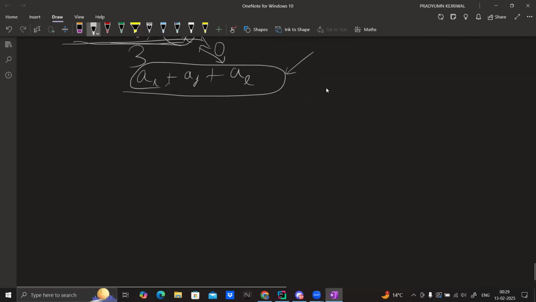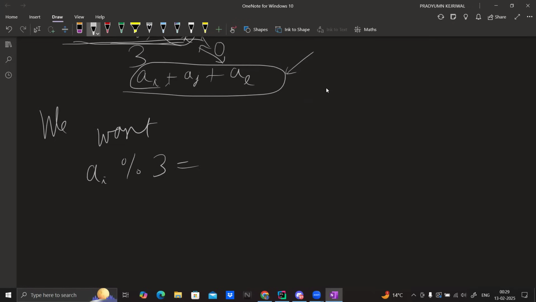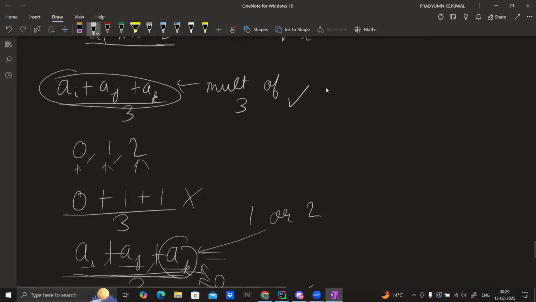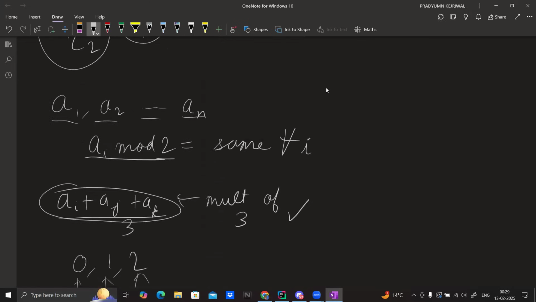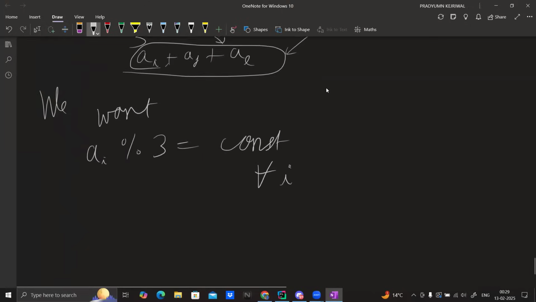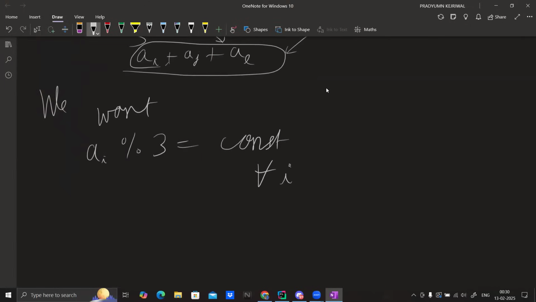So basically we want AI mod 3 to be equal to a constant for all I, right? For length 2 it was AI mod 2 should be the same, and for length 3 it is AI mod 3 should be the same.